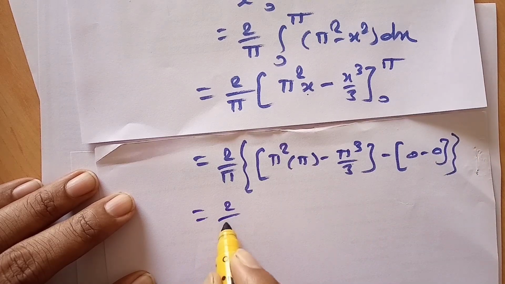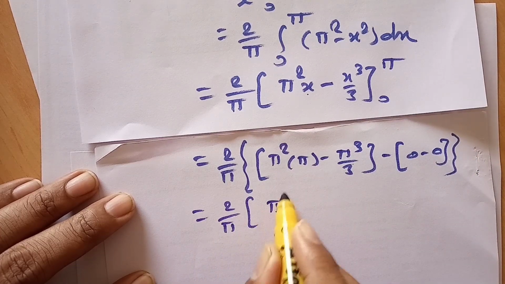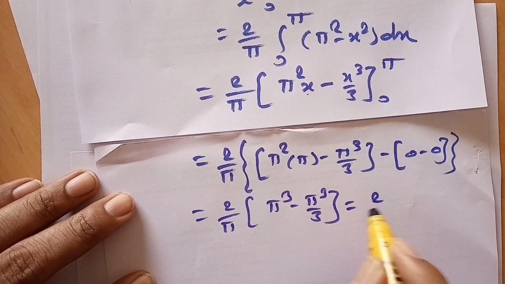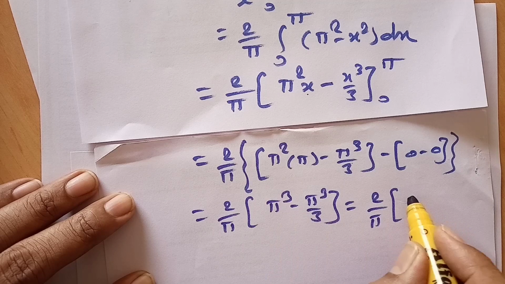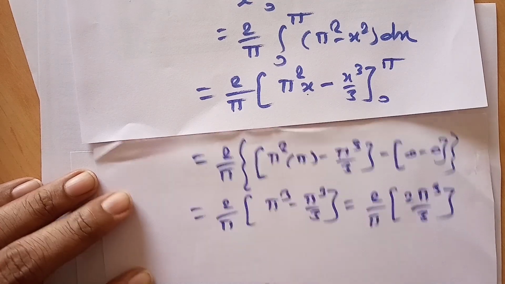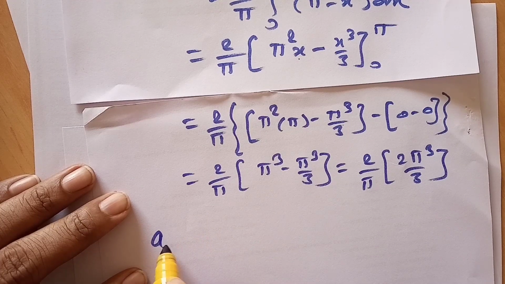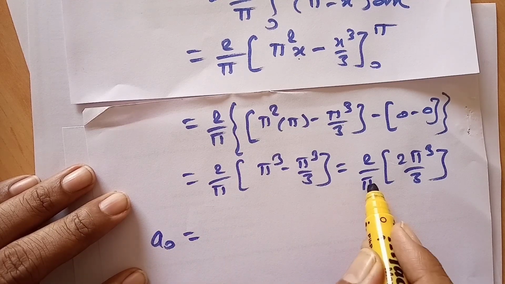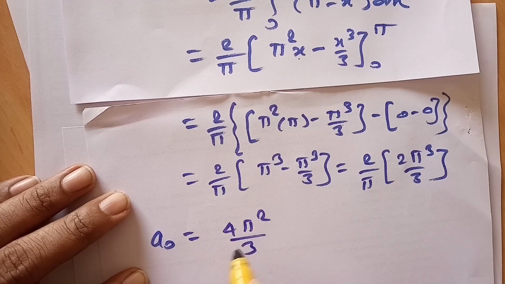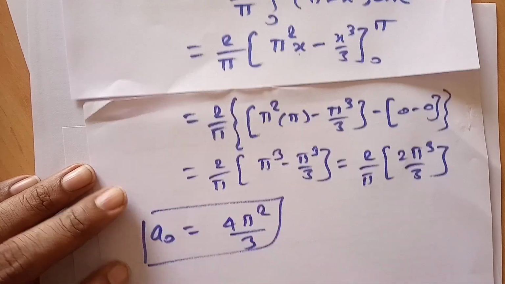We get 2 divided by pi into pi cube minus pi cube divided by 3, which is 2 divided by pi into 2 pi cube divided by 3. Pi gets cancelled, and a0 is 4 pi square divided by 3.